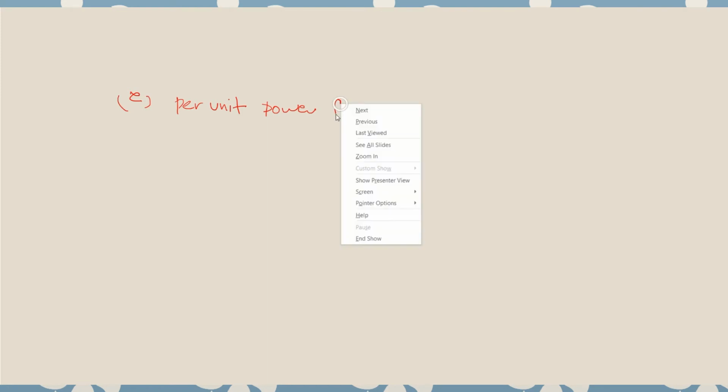So let's move on to the last question, which is E. In E, you are asked to calculate the per unit power for one phase.